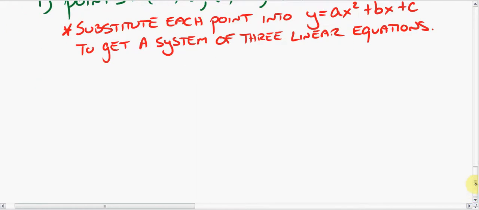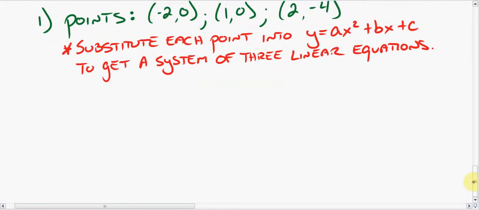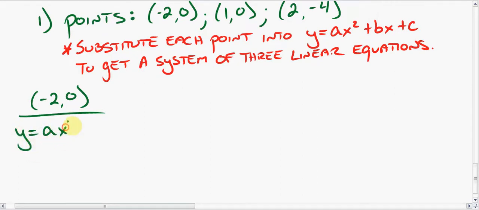Alright, so I want to see my points. Okay, so we'll start with our first point of (-2, 0). We're going to plug in to the equation y equals ax squared plus bx plus c. So my y value is 0.